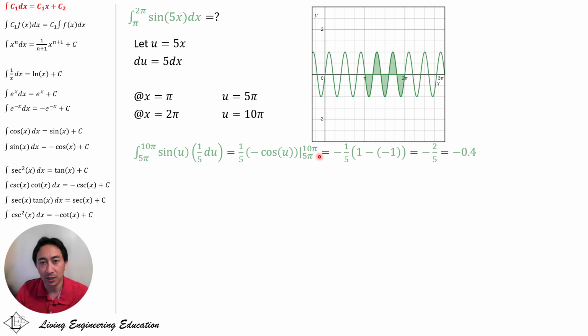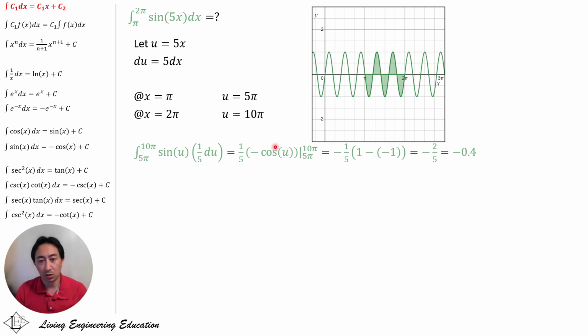Cosine 10 pi. 10 pi is a multiple of 2 pi, right? So remember the unit circle goes from 0 all the way to 2 pi, and it just is repeating at that point. So cosine of 10 pi is the same thing as cosine of 0 or cosine of 2 pi. So that's the positive x-axis. So that is positive 1 for cosine.